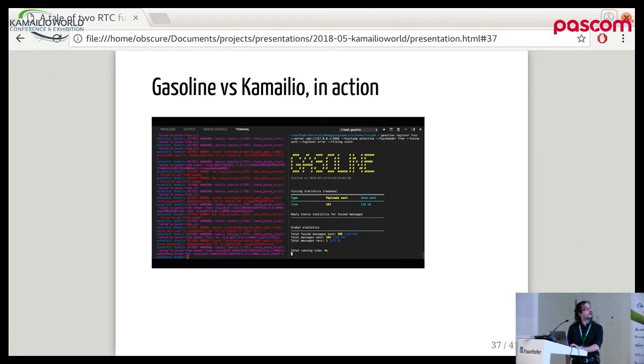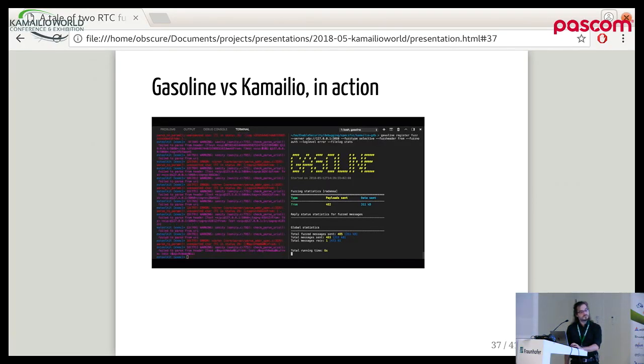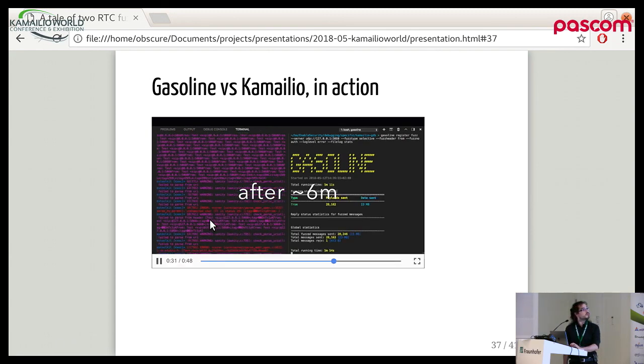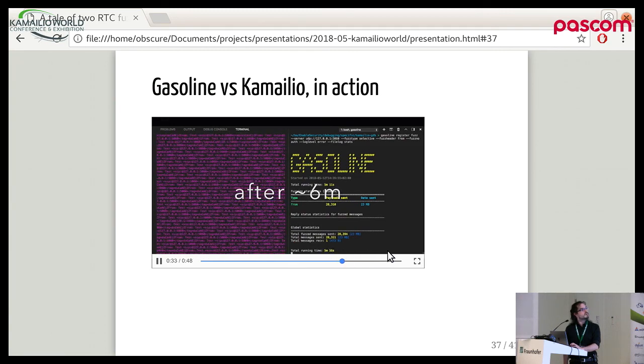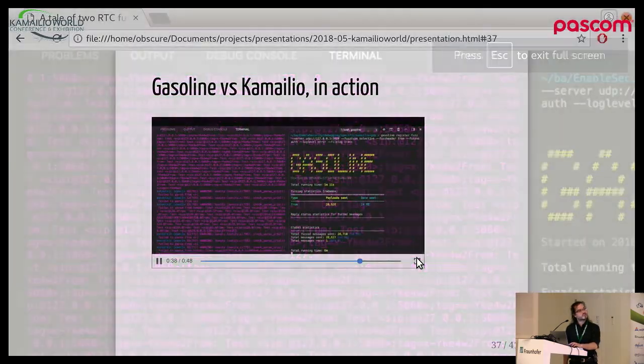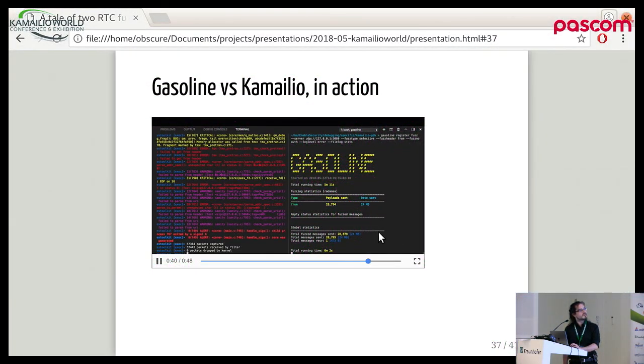Are you fuzzing the inputs? Let's see. Okay, so about that. Where is the mouse? All right. So the screen is not working.